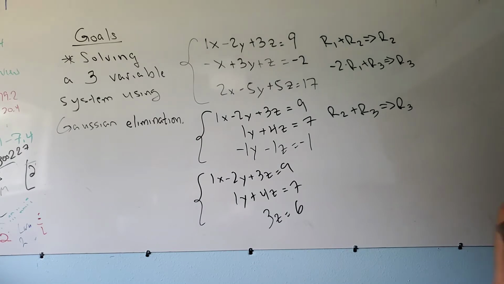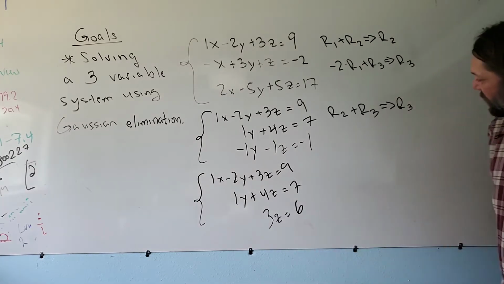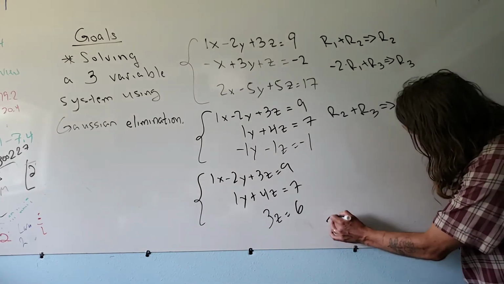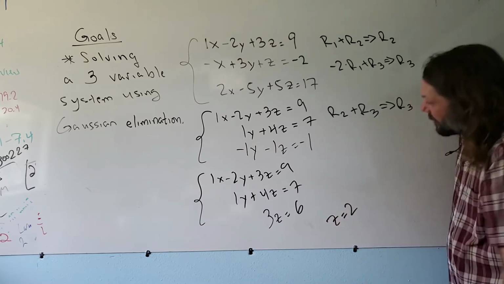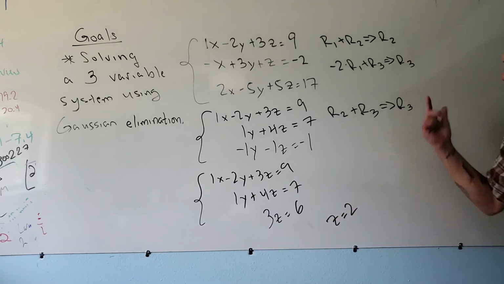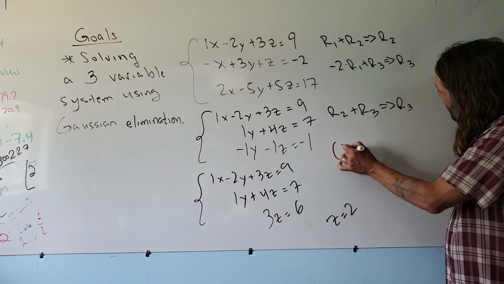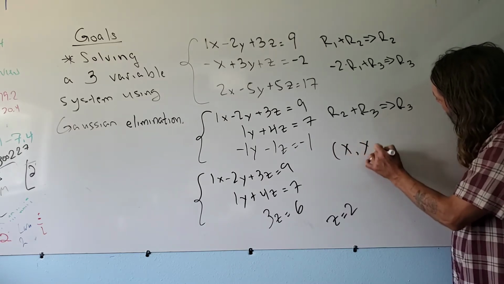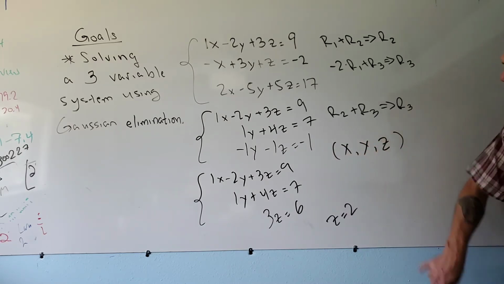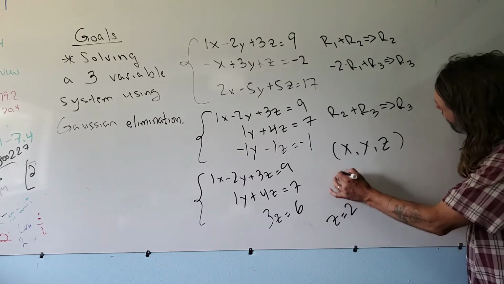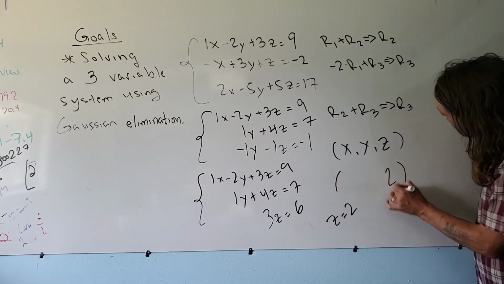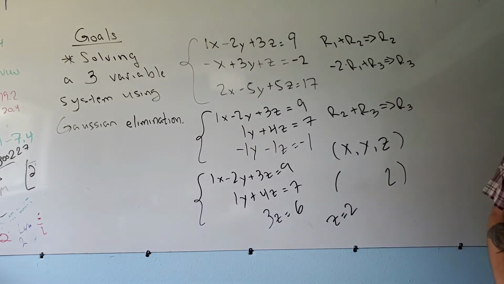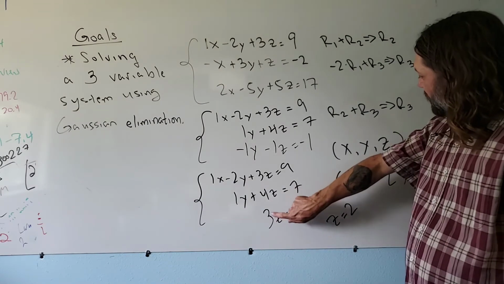Alright, so z in this situation is going to be 2. And by the way, ordered triple, ordered like the alphabet, x, y, and z, I know that value is 2. Alright, so let's see here. So let's see if we can do this in our head.